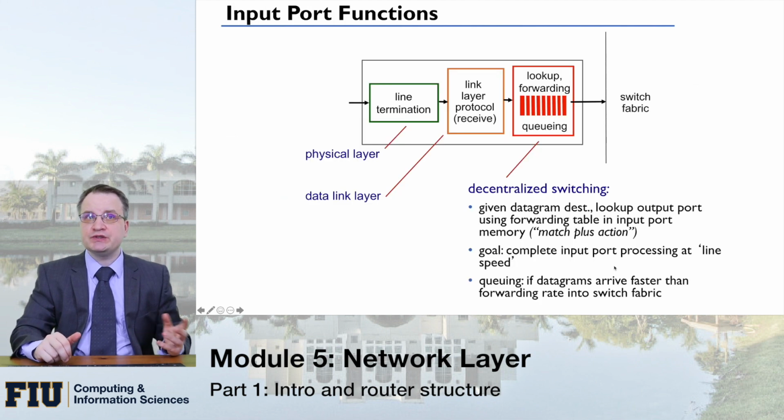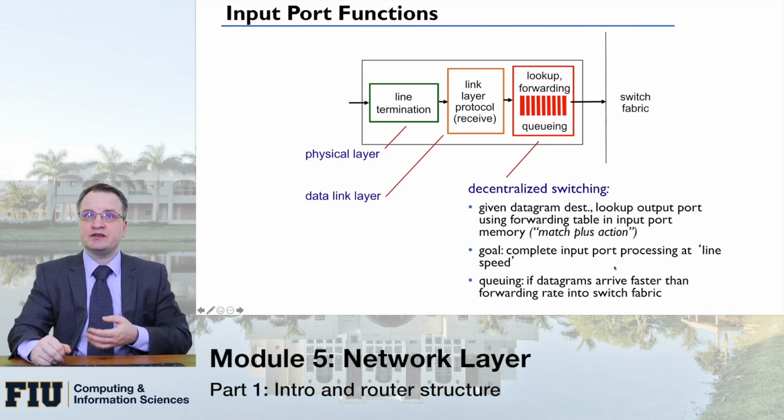So for example, in input ports, we basically have some form of line termination, the outlet where we need to connect a cable, or if it's Wi-Fi, some form of antenna. We're going to have some form of a link layer protocol in order to decode the signal and do some initial pre-processing, either in hardware or hardware and software. And finally, we may have lookup and forwarding embedded as part of the port.